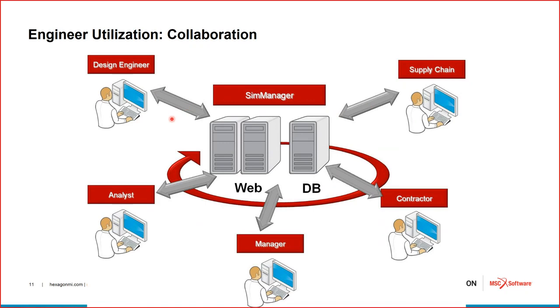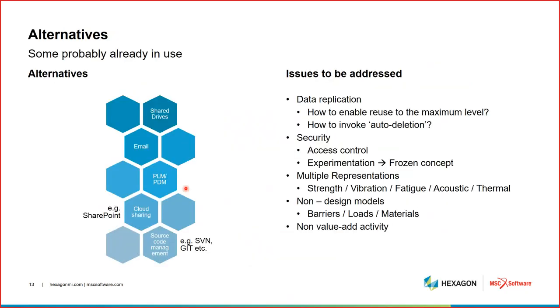So rather than relying on email or shared directories or things to share information, you can push information very easily from your desktop into a central server, or edit data on the central server directly and provide that out to other users within your organization very, very easily. There are, of course, alternatives available, and some of these are already probably used by you.